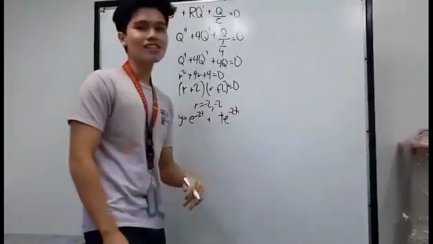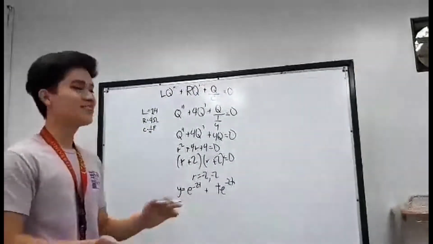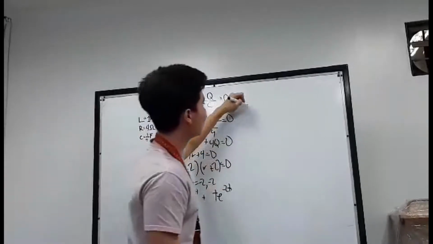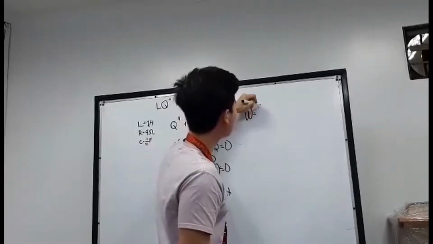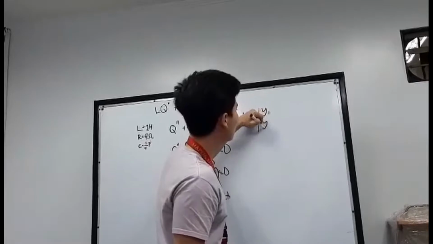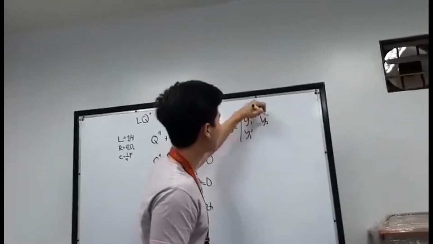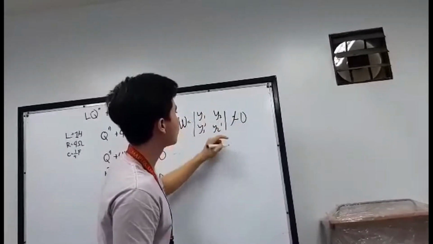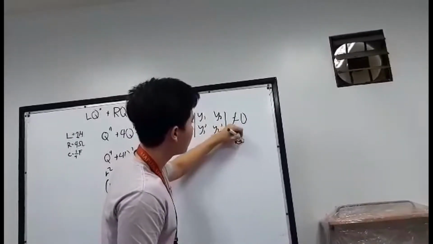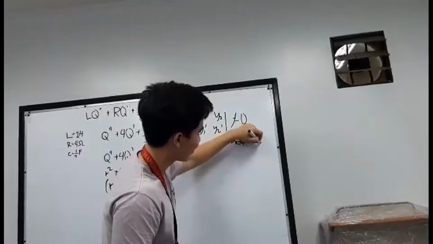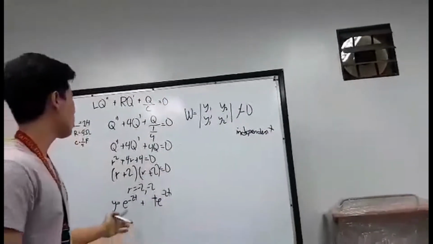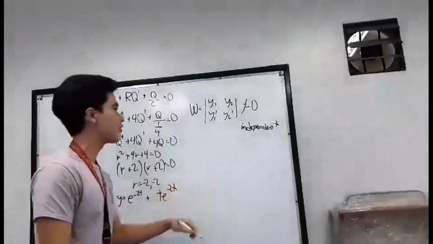So to test the independence, we'll use the Wronskian method. In the Wronskian method, W is equal to the determinant of y1, y1 prime, y2, and y2 prime. If this is not equal to 0, this is said to be independent. So now we will just plug in these values.